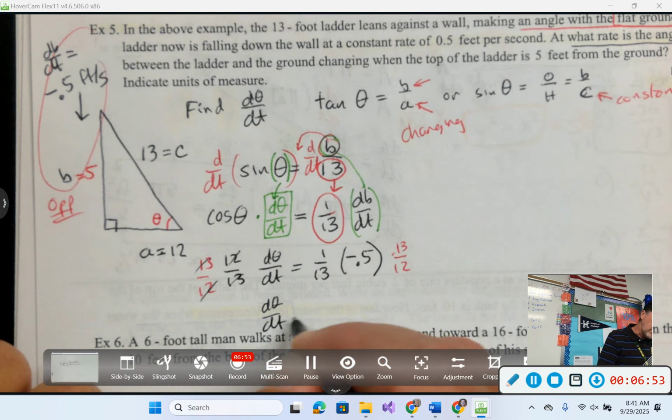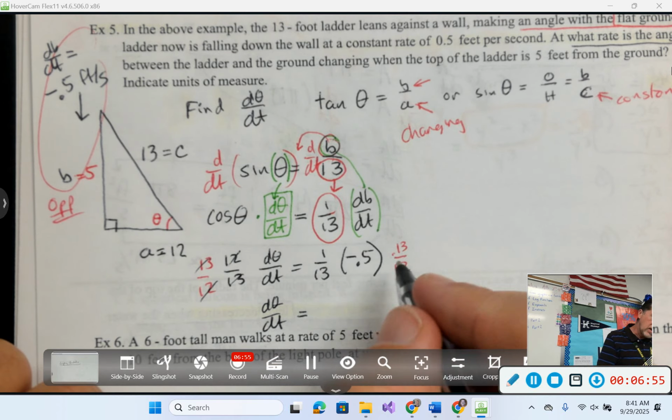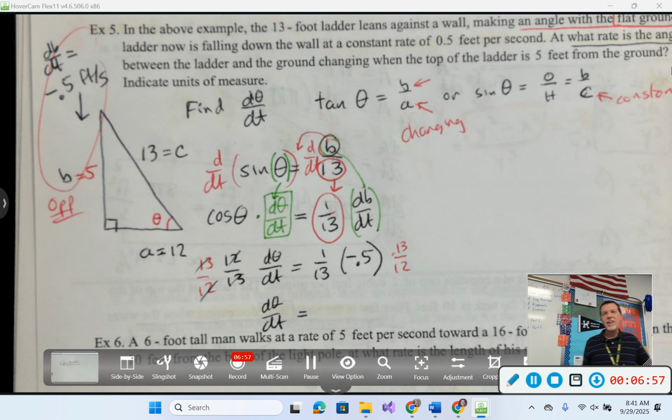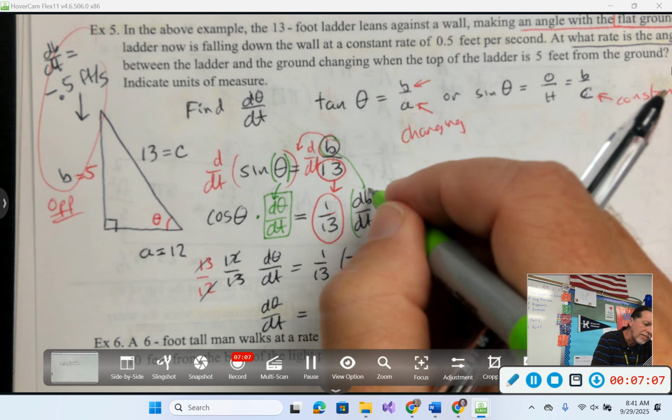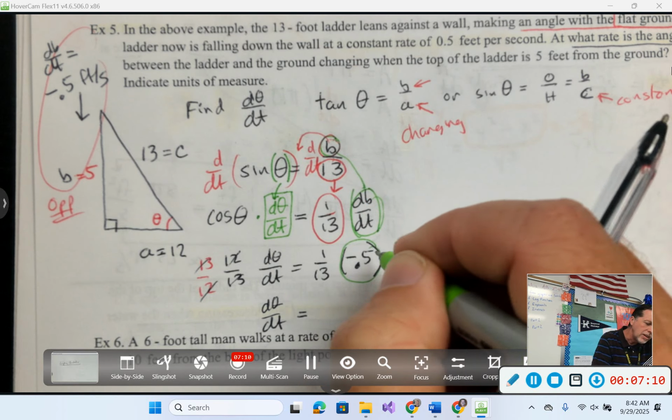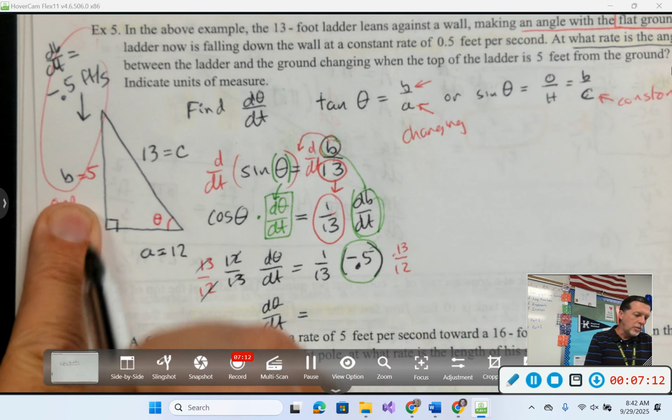So d theta dt equals, well, this is a safe stop. It looks ugly, but you could just leave that. It'd be fine, Marie. The dB dt is 0.5. That one? Or, oh, how do I know that b equals 5?